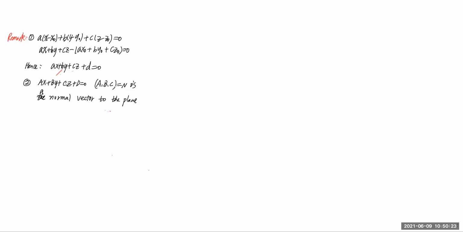So, let's look at an example. The example is: find an equation of the plane passing through P is 1, 3, 2, Q is 3, -1, 6, R is 5, 2, 0.